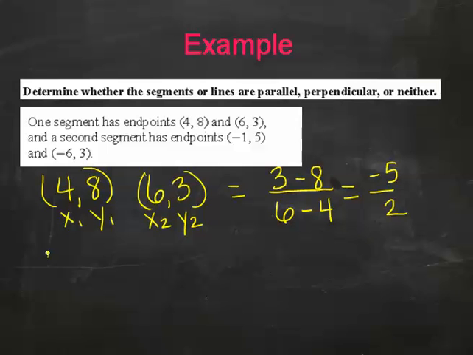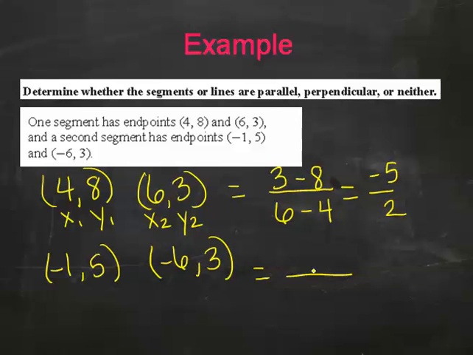Now my next line, I have a negative 1, 5 and a negative 6, 3. Doing the same thing that I did before, my y2 is a 3, my y1 is a 5, my x2 is a negative 6, and my x1 is a negative 1. So I have 3 minus 5, giving me a negative 2.